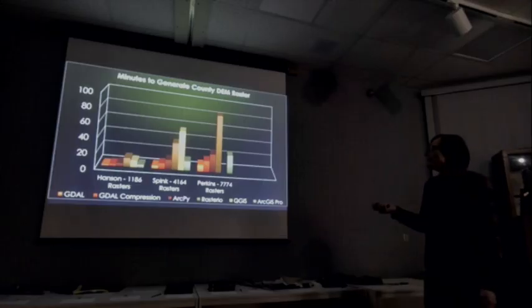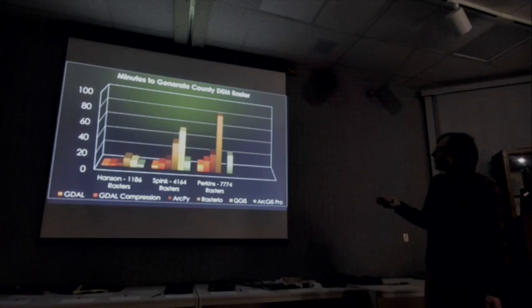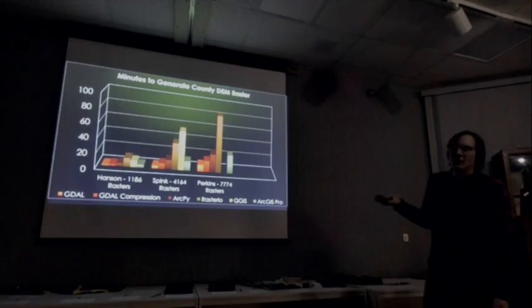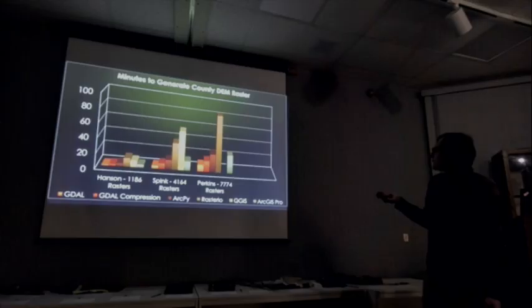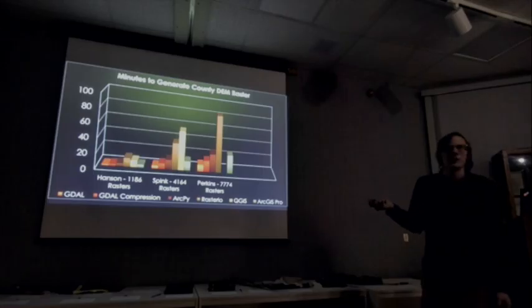But you can see from this graph that GDAL was the quickest process. It cut, I think, the ArcPy generation time in half. Perkins is the second biggest county in South Dakota, and by downloading all the TIFFs for Perkins County and running them in ArcGIS Pro, I was able to create a Perkins County DEM in basically 20 minutes.